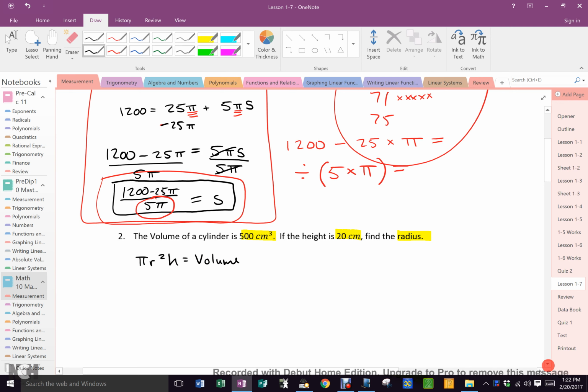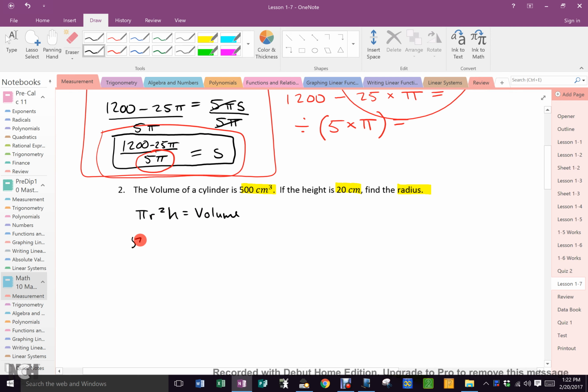All right. So 500 is my volume equals pi times r squared times the h, which is 20. So I need to find r squared, which means I need to get r by itself, yes? So to do that, I'm going to have to divide by 20. That's the first step.